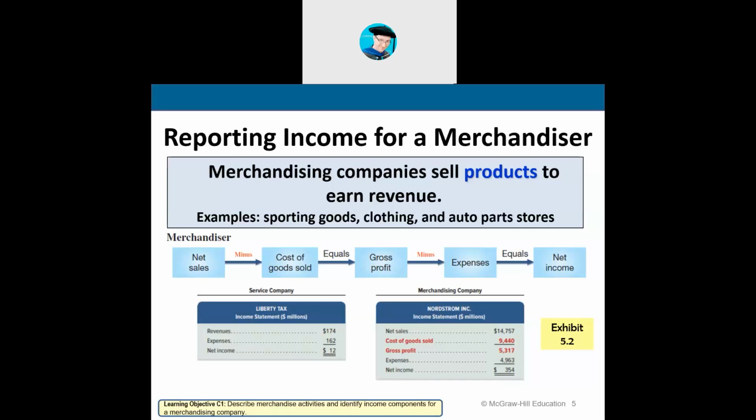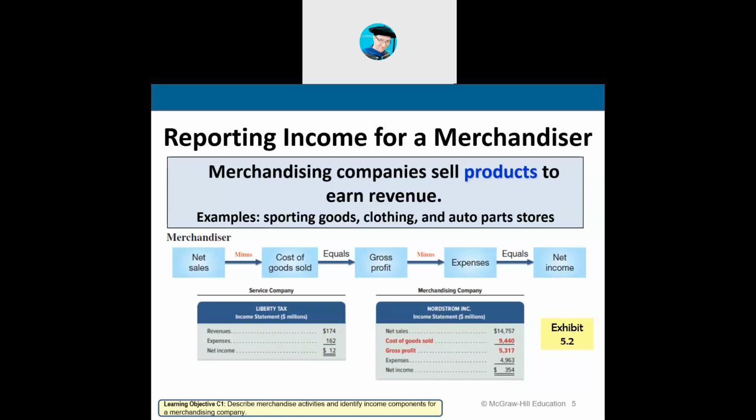So sales minus cost of goods sold. Cost of goods sold represents the cost of acquisition of the product that you sold. Okay, what does that mean?